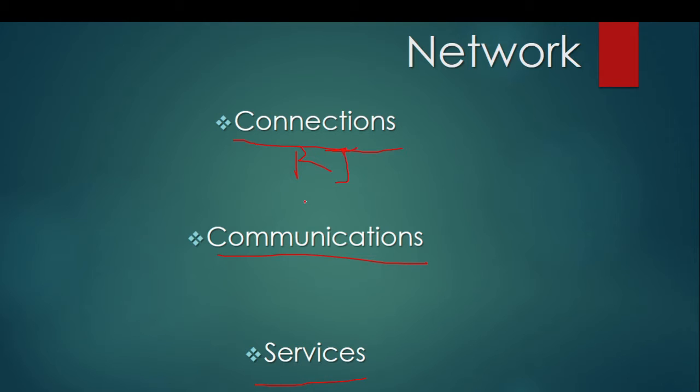So for a cabled network, you will require the RJ45 connector on your device. For wireless devices, they will need what we call a wireless network interface card, or simply an NIC, network interface card.